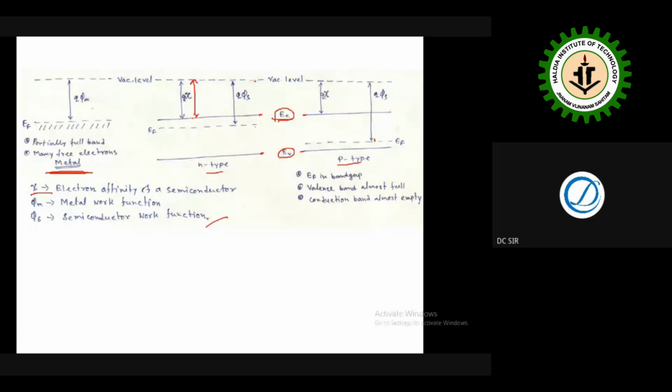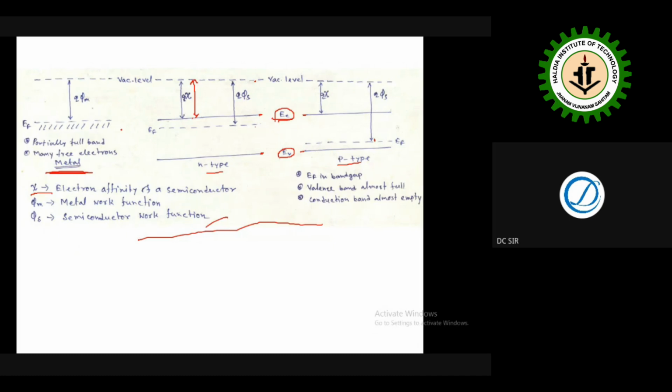In the case of semiconductor, N type and P type, EF is in between the band gap, the valence band is almost full and the conduction band almost empty. These are the conditions for the metal and semiconductor when we discuss the energy band diagram for those types of materials.